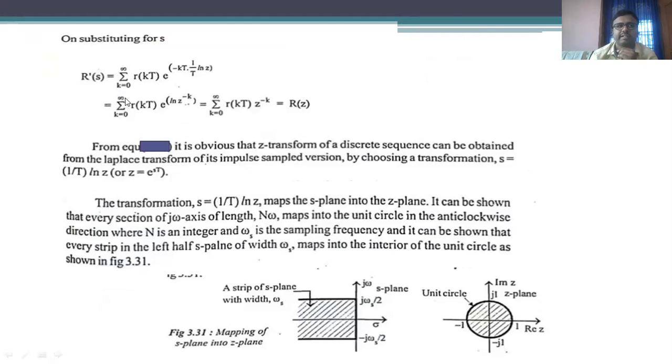Therefore, it converts into sigma k is equal to 0 to infinity r of kT into e power ln of z power minus k.